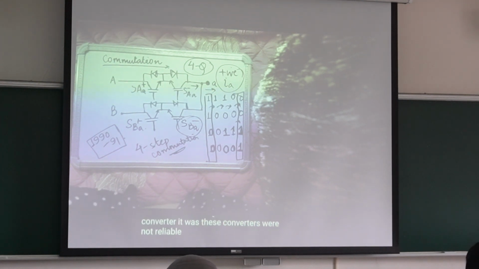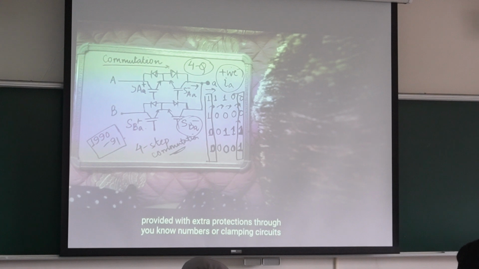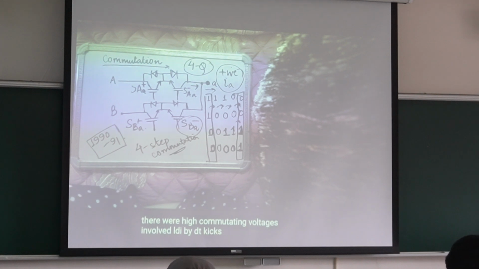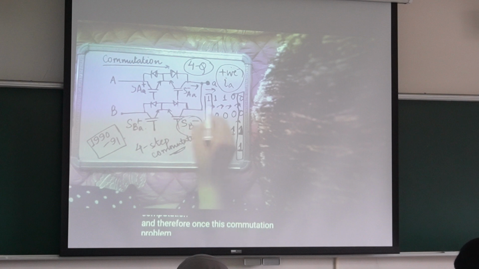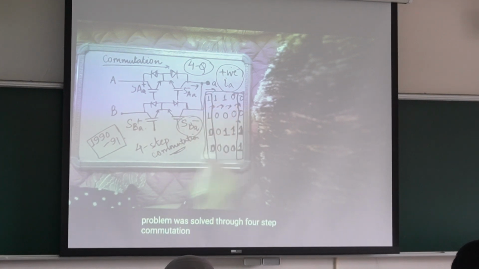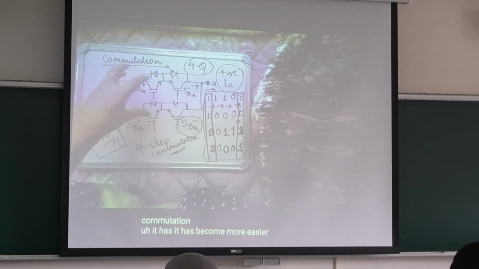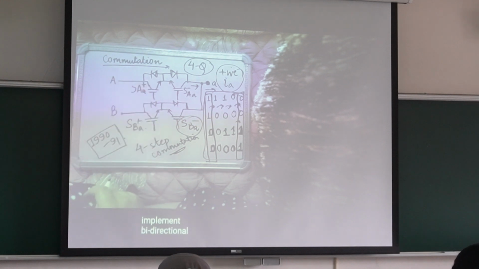These converters were not reliable because they were provided with extra protection circuits to make sure of the safety of the matrix converter, because the commutation was not safe. There were high commutating voltages involved, L di/dt kicks involved in the commutation. And then, once this commutation problem was solved through 4-step commutation, it has become easier to implement bidirectional switches in such circuits.